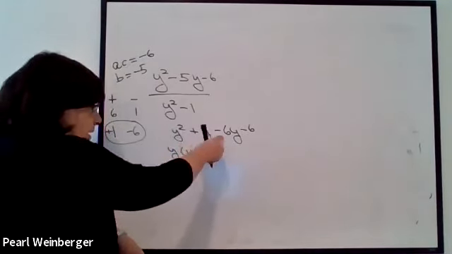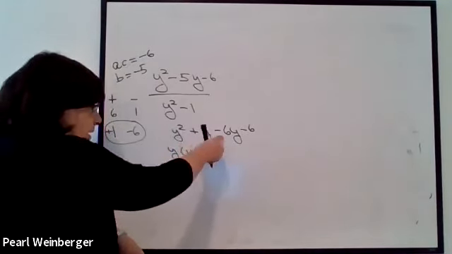Then, since it's two terms, we know the only other way we can factor it is if this is the difference of squares. y squared is y times y. 1 is 1 times 1. 1 is a perfect square, and there's a minus. So that can be factored to y plus 1 and y minus 1. Okay, so now we've done all the hard work. We've completely factored the numerator and the denominator.